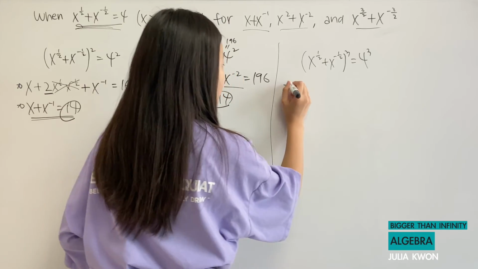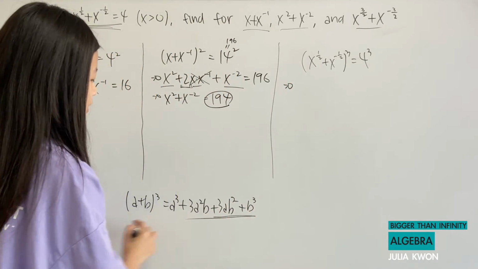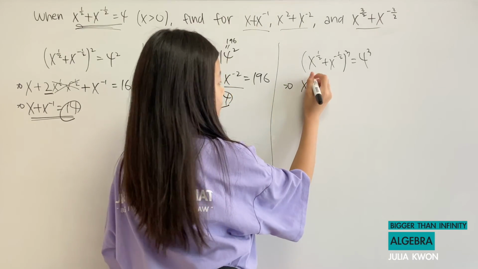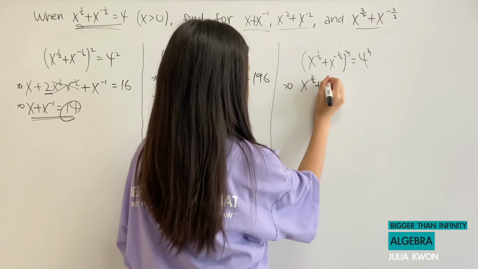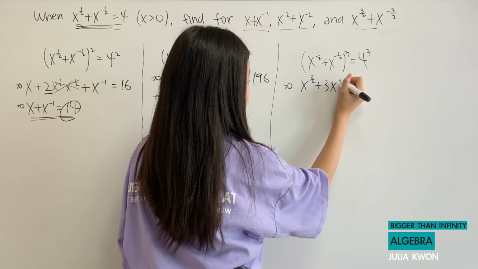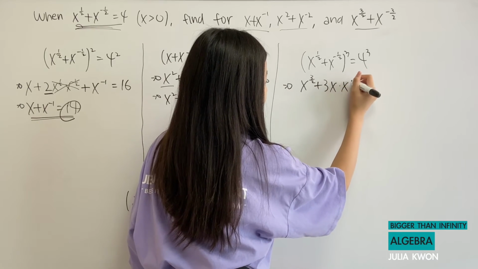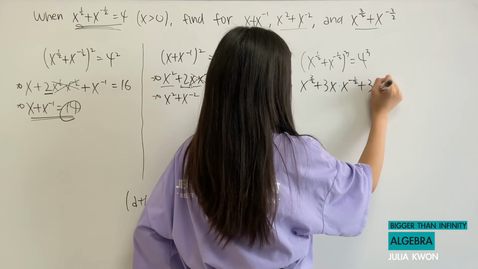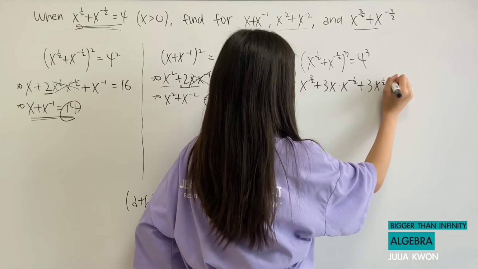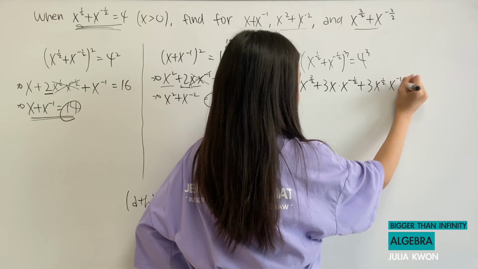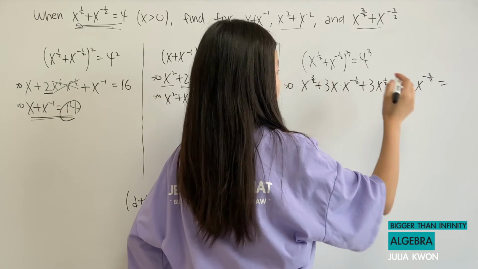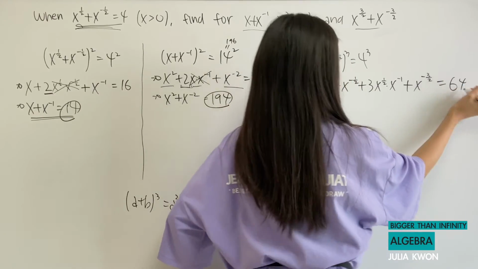And then using this formula once again, we get x to the power of 3/2 plus 3 times x to the power of 1 times x to the power of negative 1/2 plus 3 times x to the power of 1/2 times x to the power of negative 1 plus x to the power of negative 3/2, which is equal to 4 to the power of 3, and that is 64.